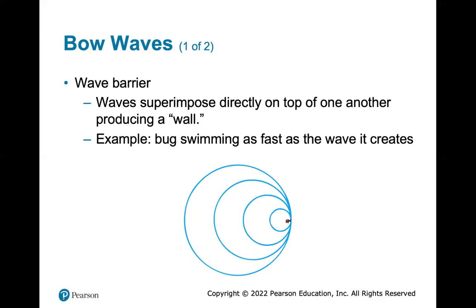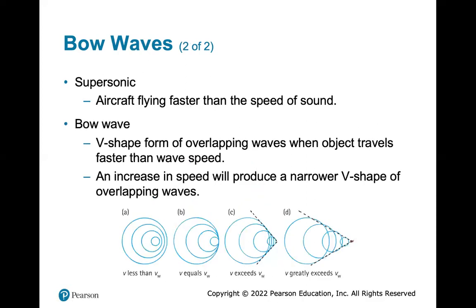And if his speed matches the speed of the waves, then you get this effect. You get the bow wave, and then it also happens with supersonic aircraft flying faster than the speed of sound.